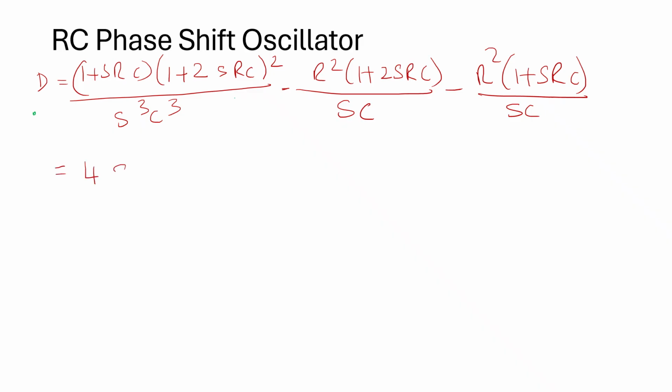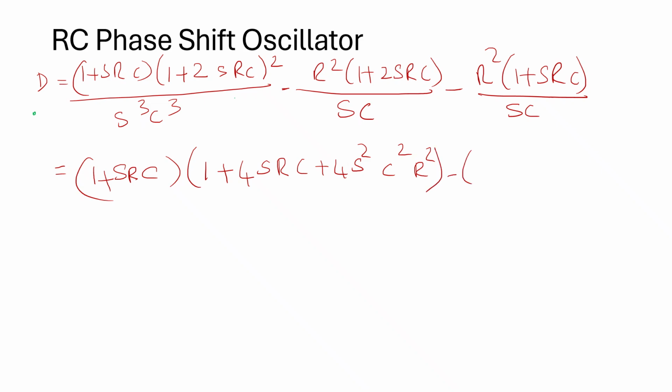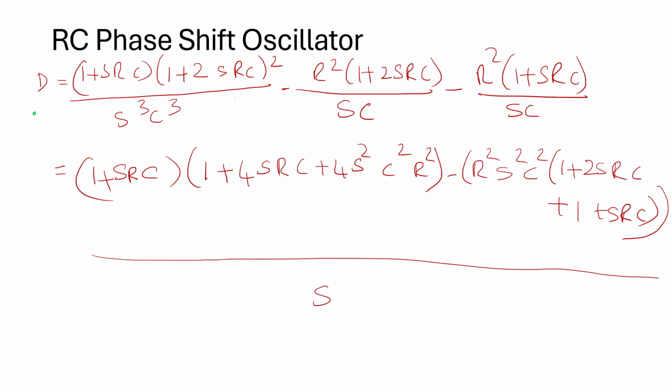Delta is equal to 1 plus SRC into 1 plus 4SRC plus 4S squared C square R square, minus R square S squared C square into 1 plus 2SRC plus 1 plus SRC, the whole divided by S cube C cube.